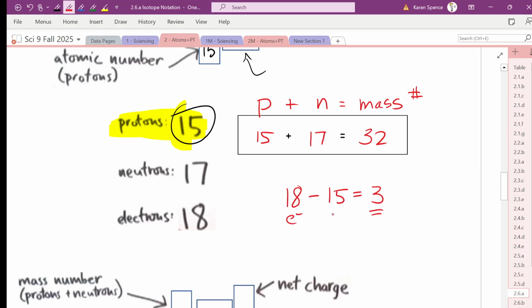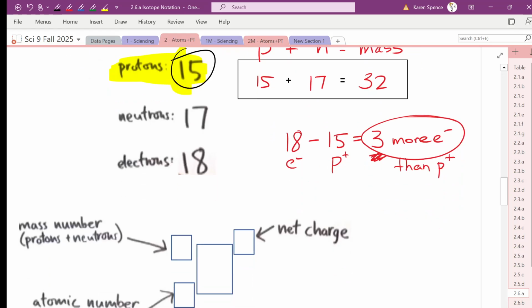This is our electrons, those are our protons. We have 3 more electrons than protons, which means it's going to be 3 negatives. So 3 negative. Very nice. All right, we're going to try the next one.